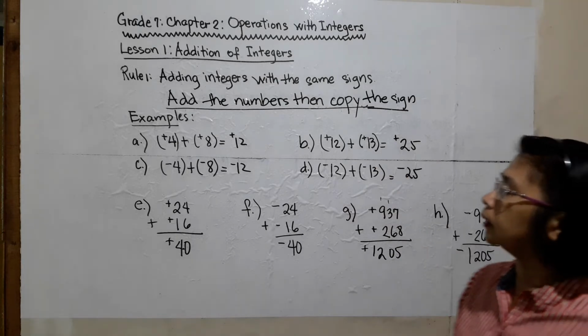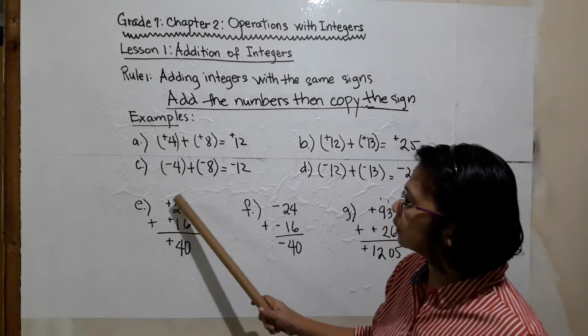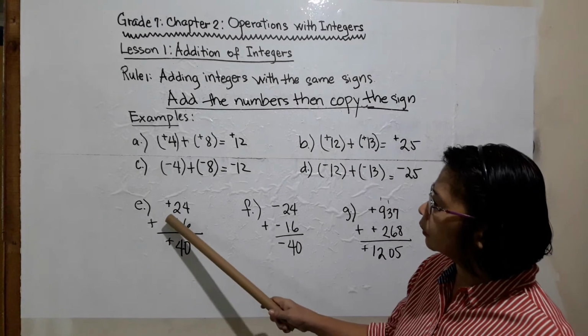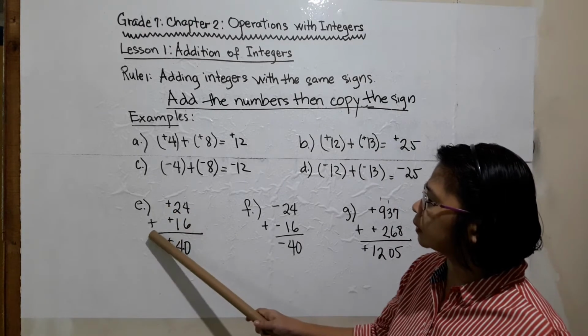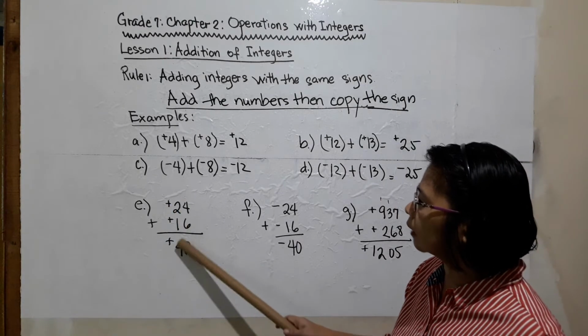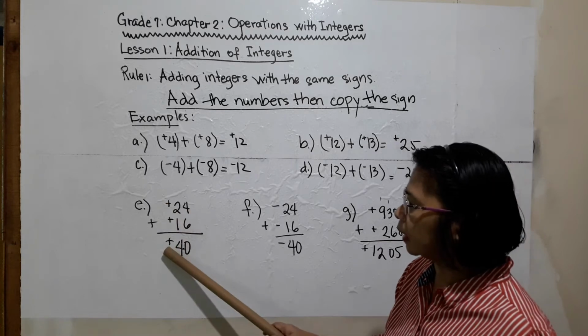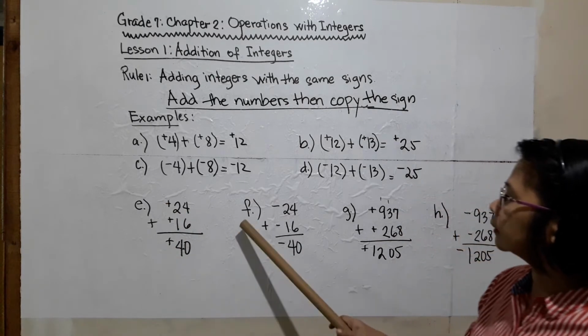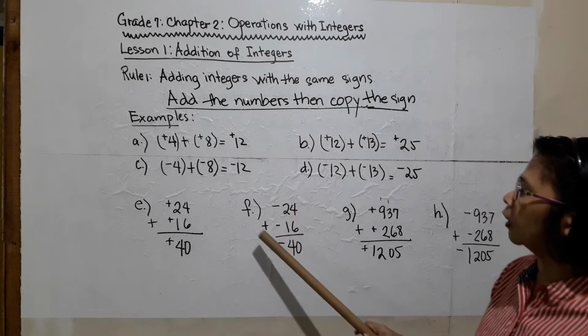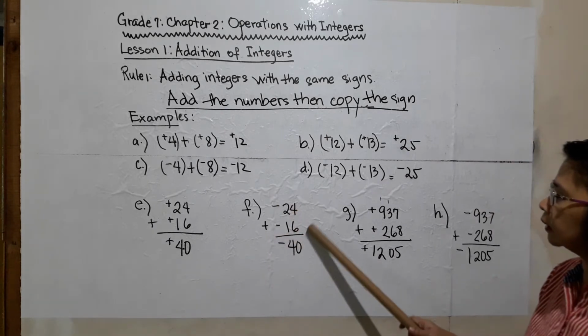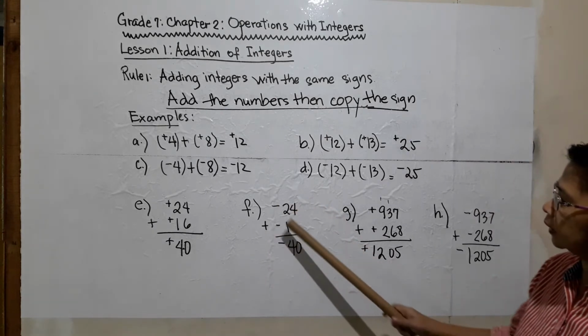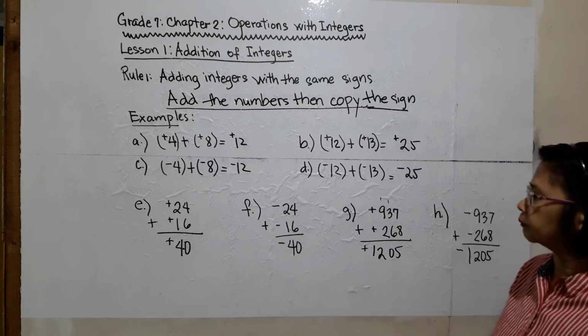For letter E, both numbers are positive. So you have positive 24 plus positive 16, add the numbers, 40, copy the sign positive. For letter F, negative 24 plus negative 16, add the numbers, 40, copy the sign negative.